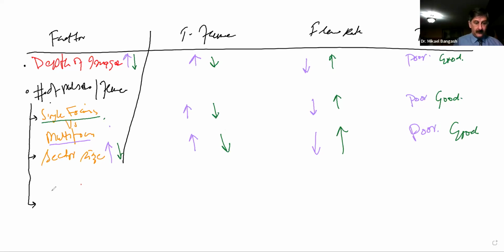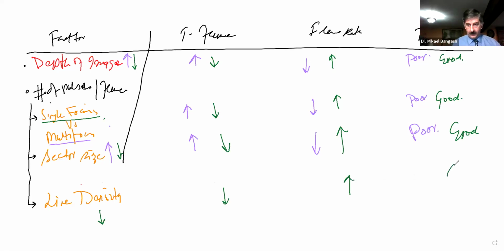Now, our last factor was line density, which we mainly said was, if that was low, we would have a low G-frame, a great frame rate, and a good temporal resolution, or the other way around.